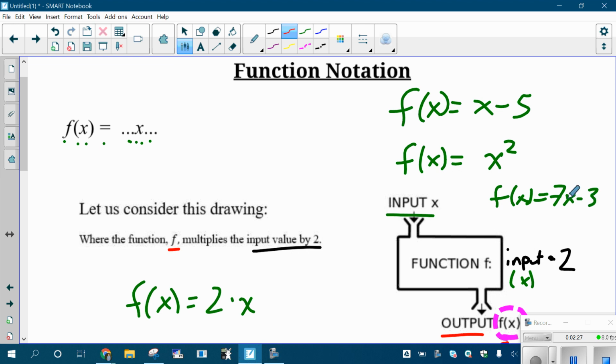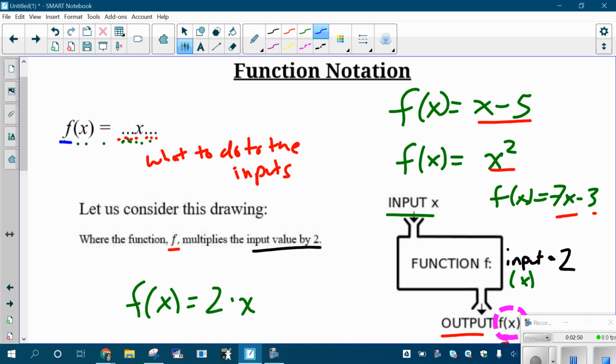Those are all functions. So what you have over on the right side, in the red there, is how I would think about it: what to do to the inputs. So on the right side is the rule for what you do to the inputs. This one says subtract 5. This one says square the input. This one says do 7 times the input minus 3.